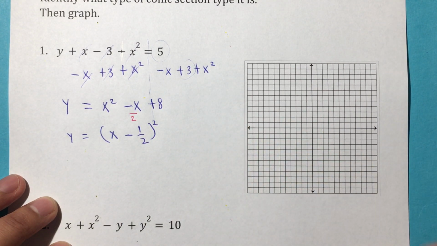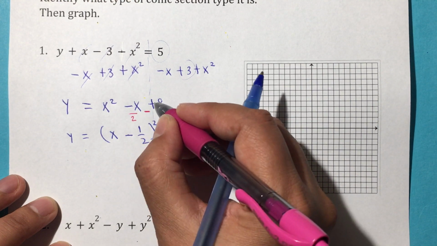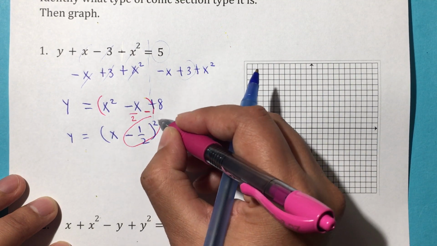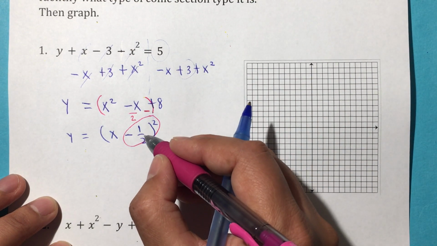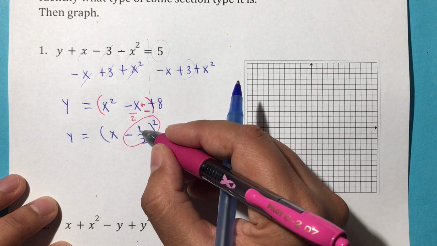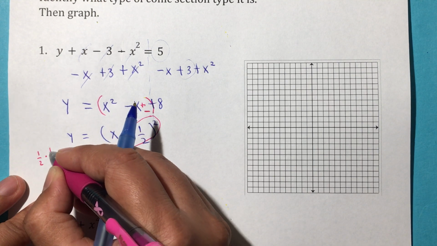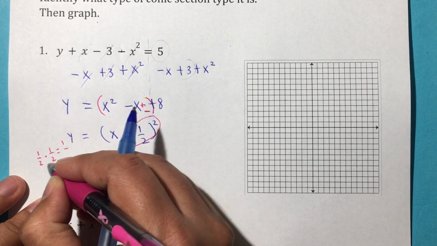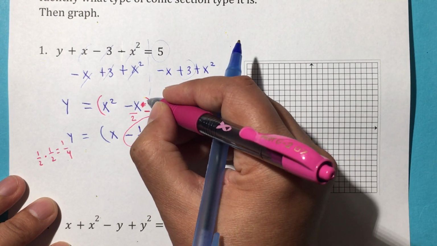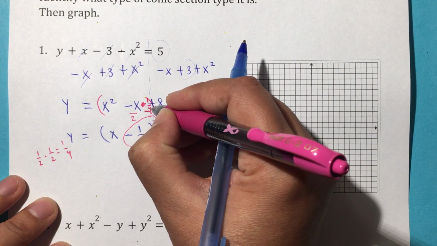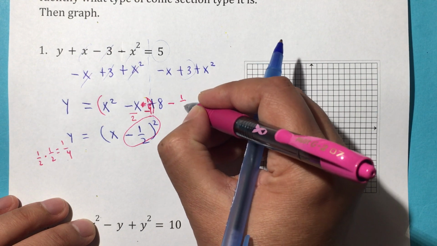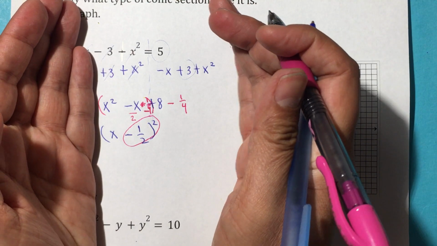Then to complete that square, we raise that to the second power, so negative 1/2 times negative 1/2 is positive. 1/2 times 1/2, let me show you here, is 1 times 1 is 1, 2 times 2 is 4. And it's positive because negative times negative is positive. So positive 1/4. And if we're adding 1/4, we also have to subtract that 1/4 outside because it's on the same side of the equal sign.